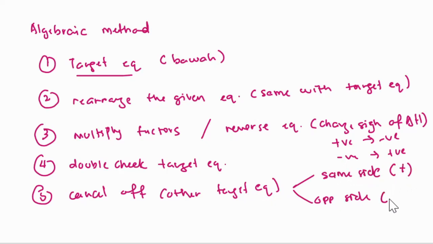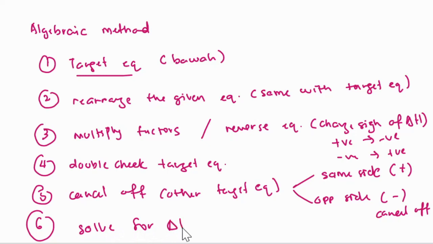Kalau opposite side kita akan cancel off ataupun kita akan tolak lah. And then barulah kamu boleh solve for delta H for that reaction berapa. Okay, hasil tambah lah. So itu adalah summary for algebraic method. Okay, buat step by step and you will get the answer.